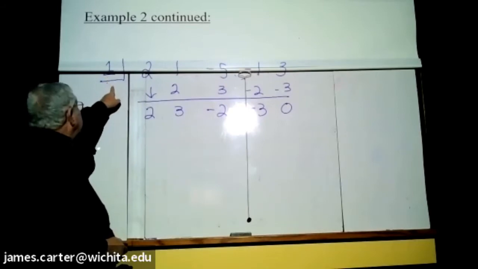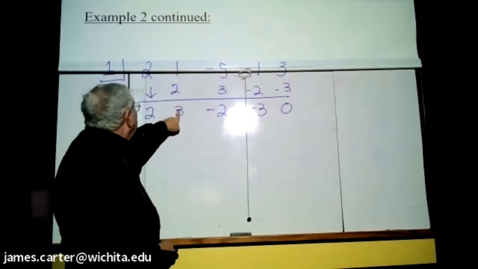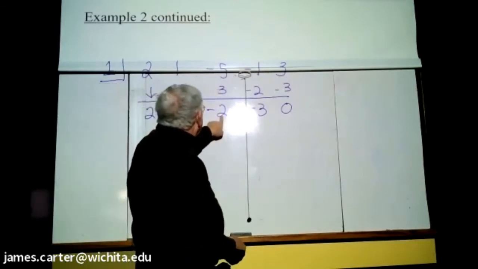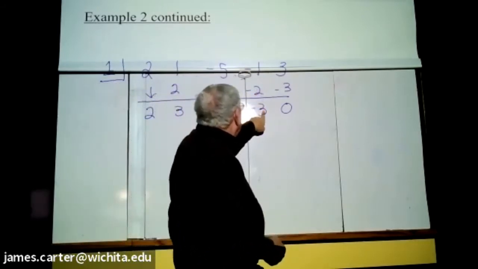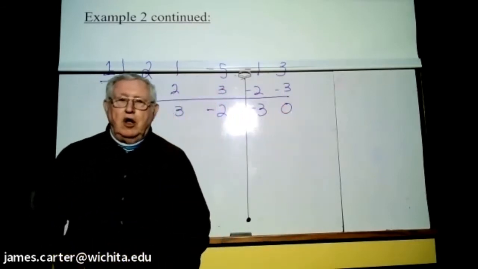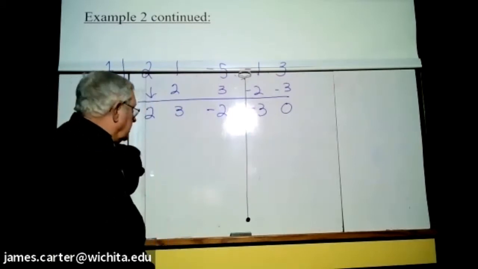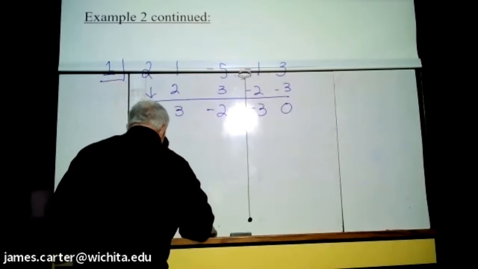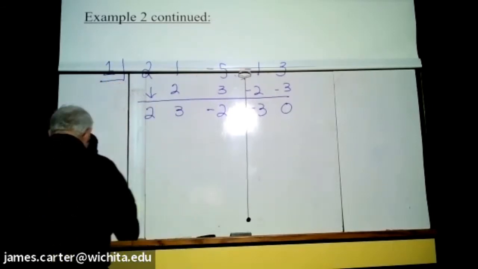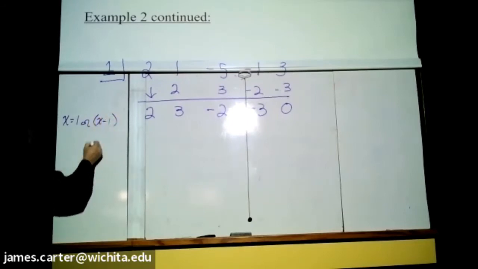So we're going to try +1. We bring down the 2, we multiply, we add, we multiply, we add, we multiply, we add, we multiply, and we get a 0. If you recall, if we get a 0 remainder, that means that this truly is a solution. In this case, x equals 1 or x minus 1 as a factor.